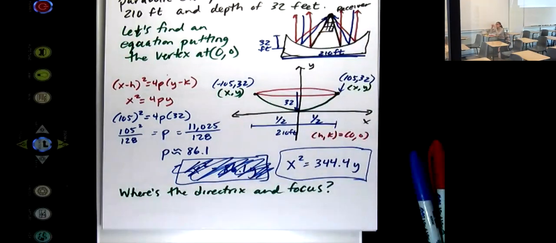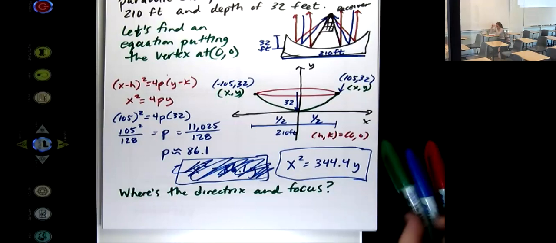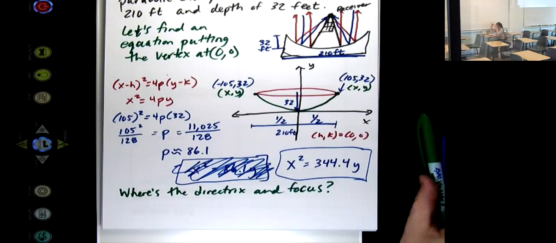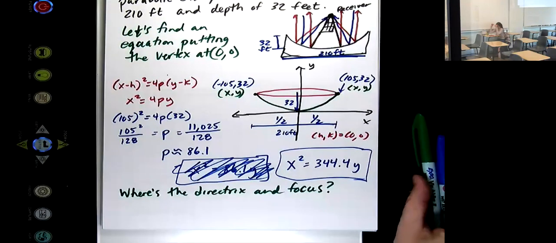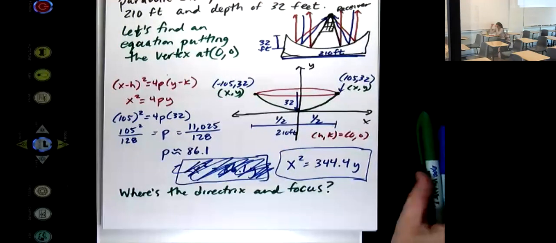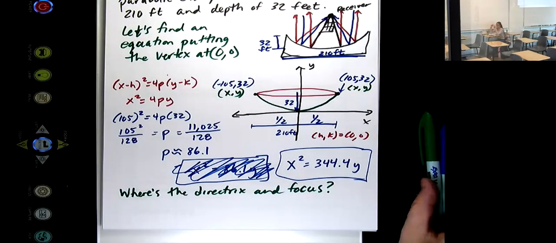Where is the focus? What piece of information gives us the focus? How far away is the focus from the vertex?